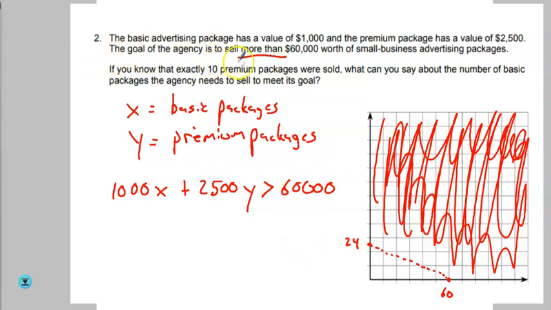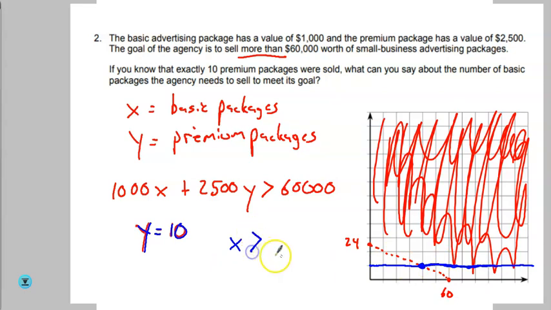So if we know exactly 10 premium packages were sold, so premium is the Y. So if we know Y equals 10, that's here, that Y is 10 going straight across, then I know my X has to start there, right? So X can't be equal to, because that'd be right on that dotted line.